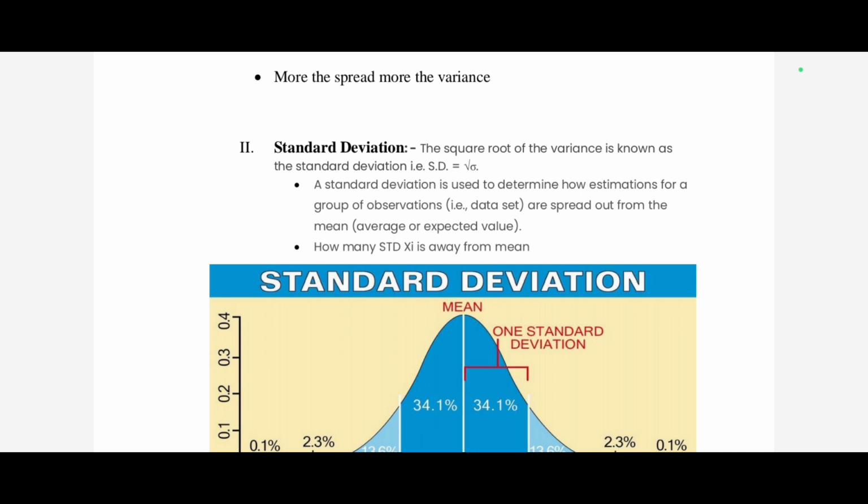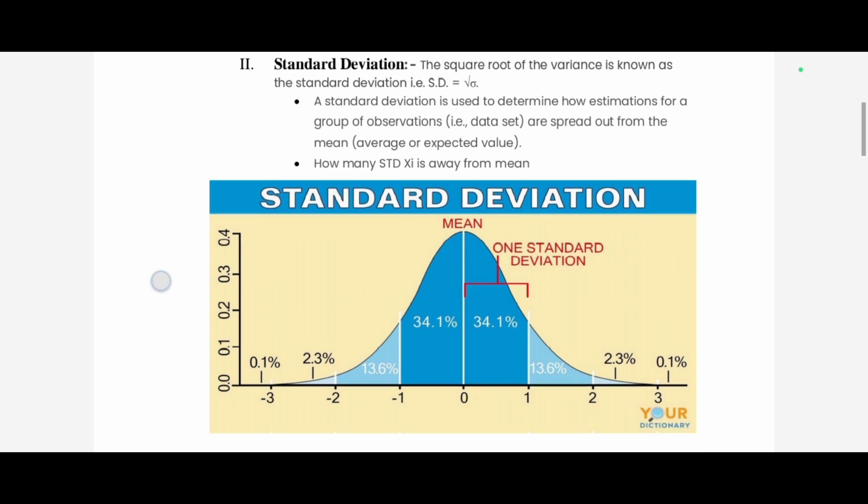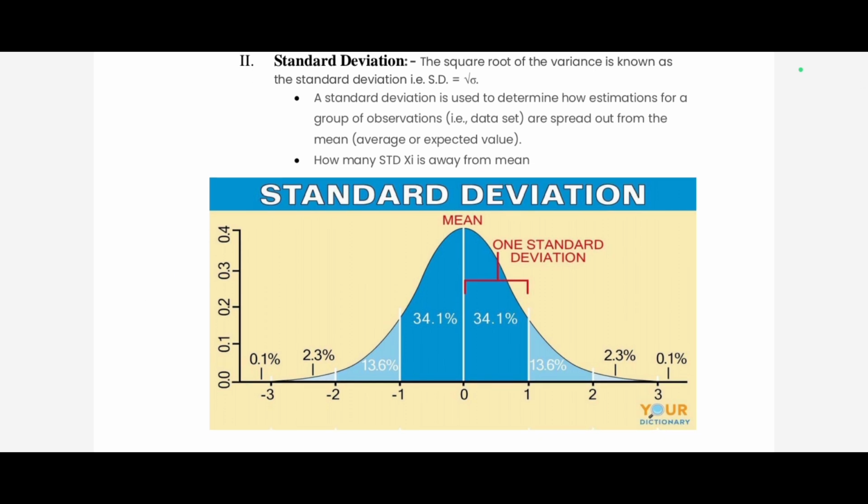Standard deviation is used to determine how the observations of a data set are spread out from the mean. How they deviate from the mean, how much distance they have from the mean, we can understand by using the standard deviation. So how much the data observations vary, you can see by using the standard deviation.